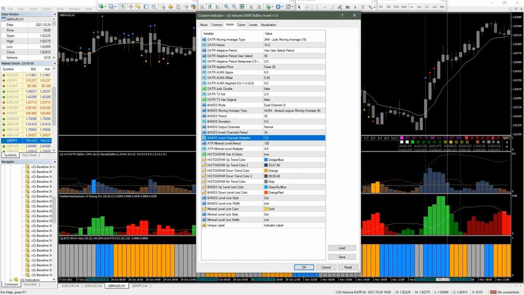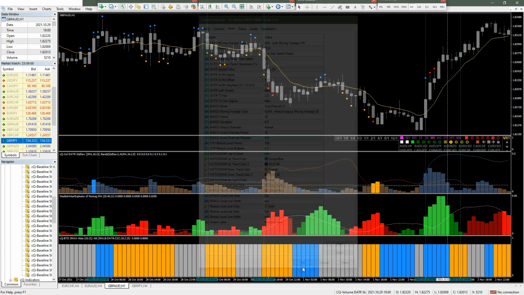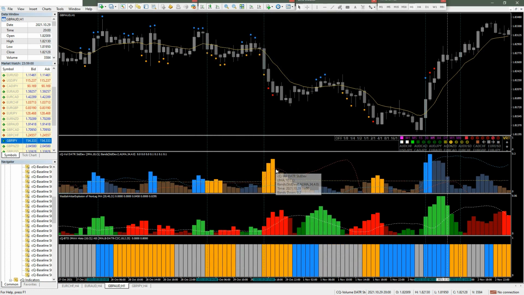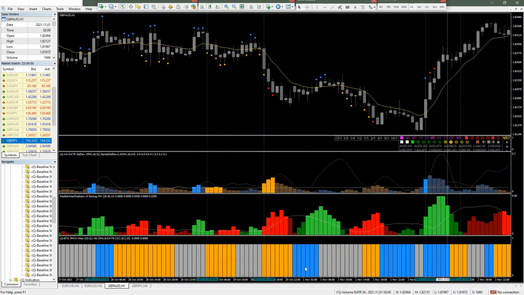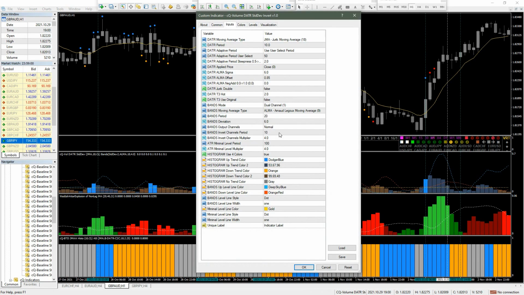So if you go down here and increase this invert multiplier, it pushes it back down. And if you shorten this up, you can see what that does. That's what it does for this particular indicator.